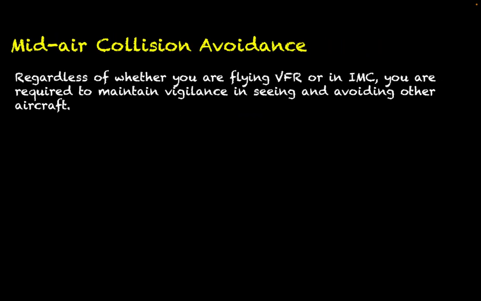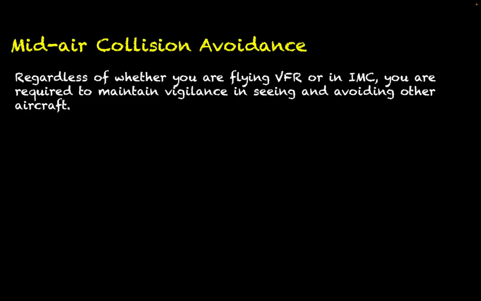Okay, so one of the main reasons why we have gone to all of the pains of going through all this and learning about all of this is because regardless of whether you're flying in clear conditions in VFR or if you're in instrument meteorological conditions where you're having to rely on your instruments to know where you're going, you as a pilot are going to be required to maintain vigilance in seeing, detecting, and avoiding other aircraft.